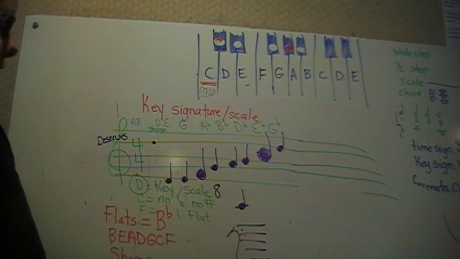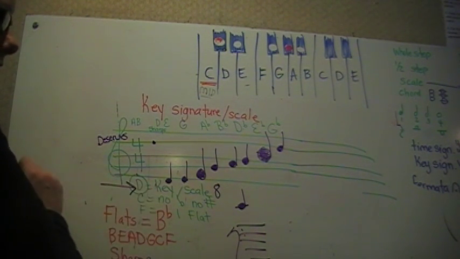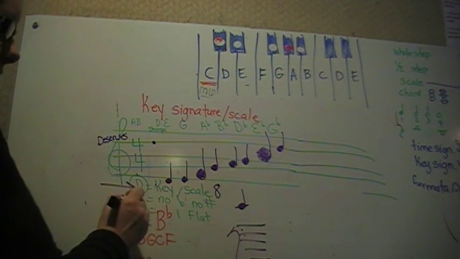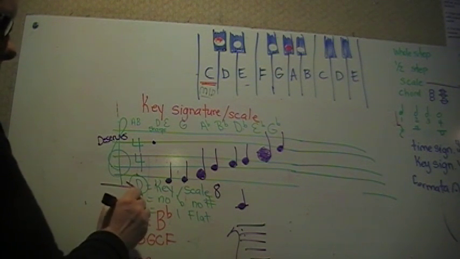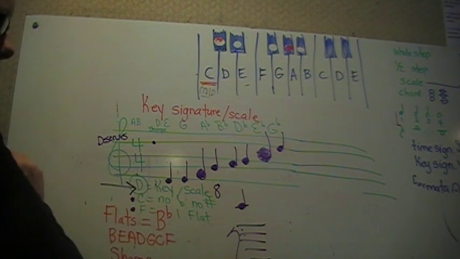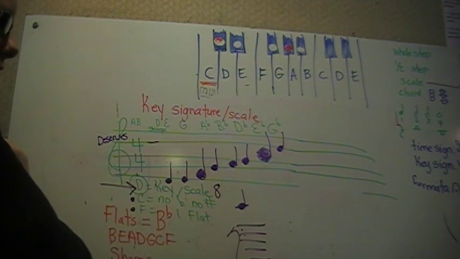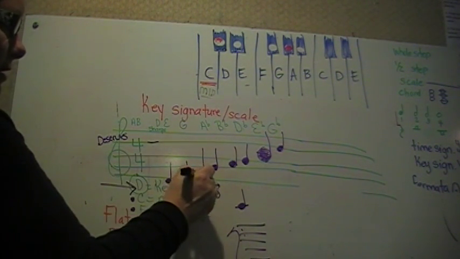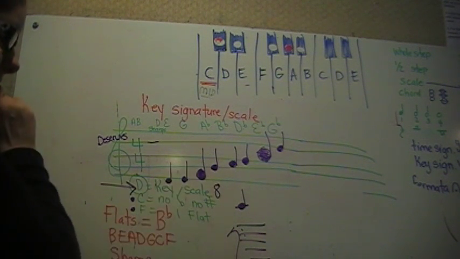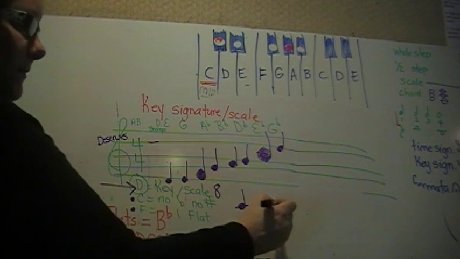Now, I know that I'm going to have sharps because it's not the key of C and it's not the key of F. So, how do I figure that out? All right, I think you all have learned this, but what they do on a major, first of all, there's two types of scales.